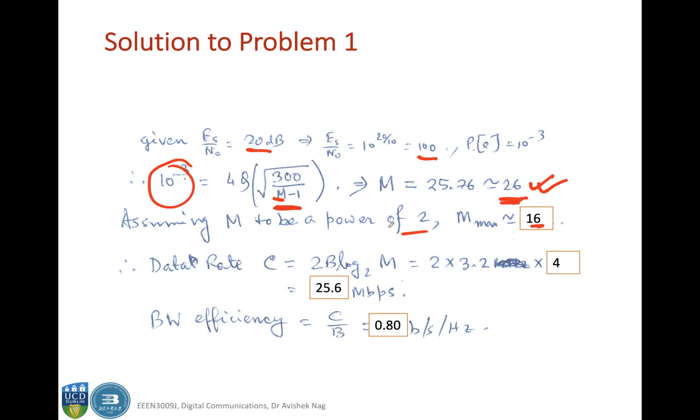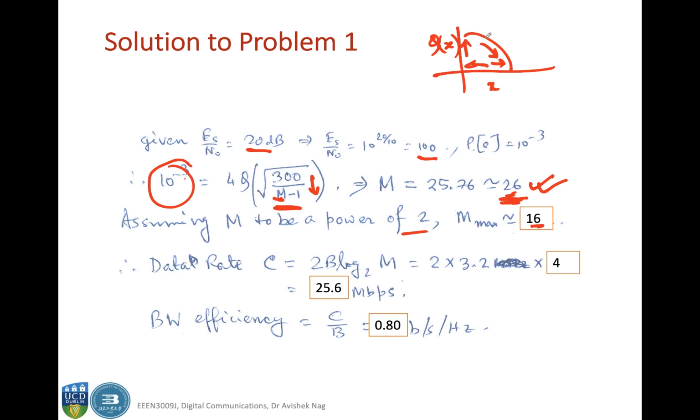So the nearest power of 2 which is less than this 26 is 16. Assuming M to be a power of 2, we would have M as 16, because if we choose M more than this 26, then this ratio will be lower. And if it is lower, if you see the plot of the Q function, Q(x) over x, then the probability increases. If you go this side, the probability decreases.